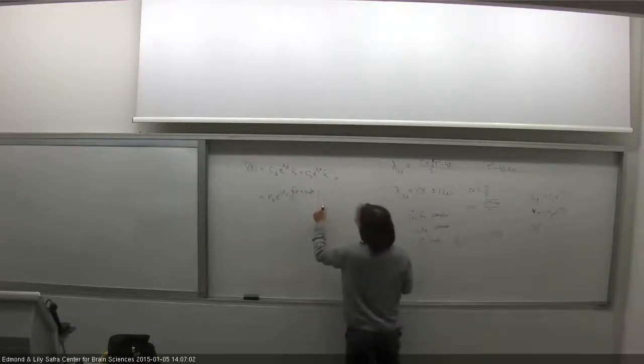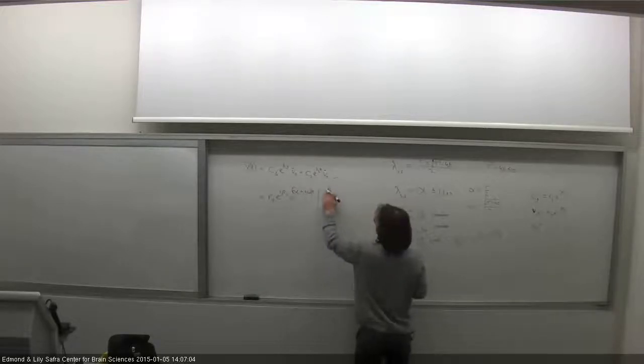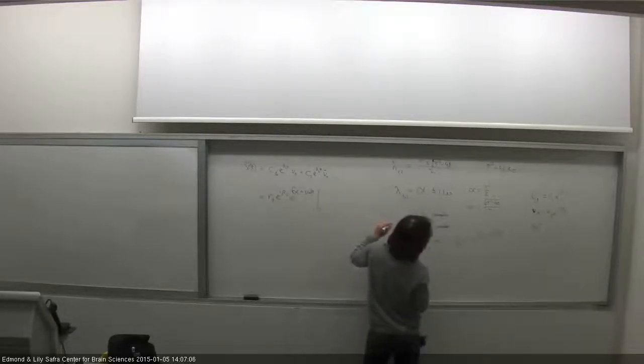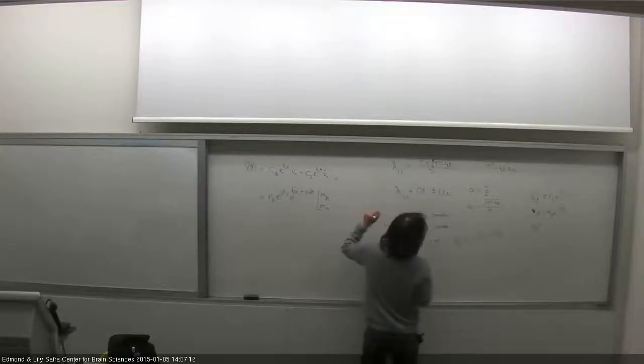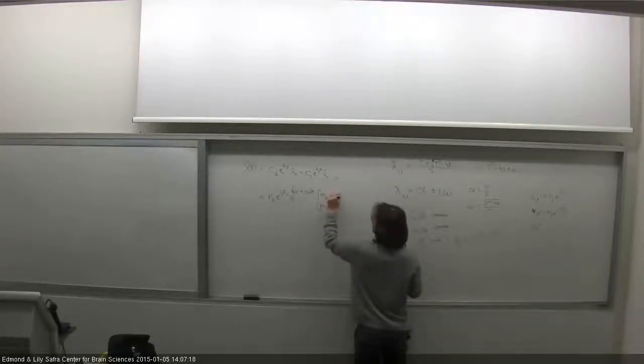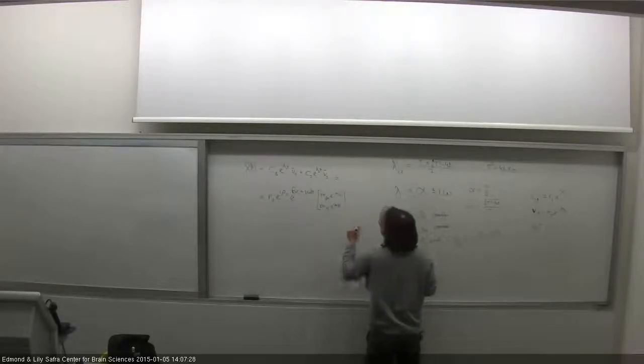And then I have v1, where I will have m1x, m1y, e to the i mu 1x, e to the i mu 1y, and so on.